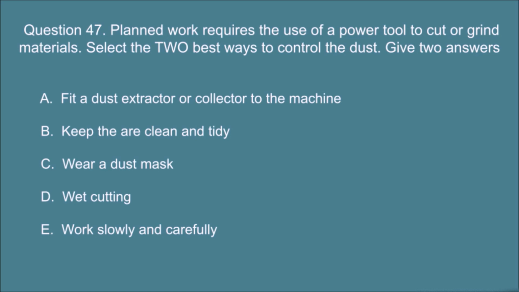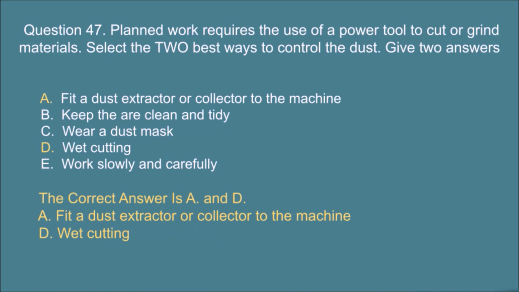C. Wear a dust mask. D. Wet cutting. E. Work slowly and carefully. The correct answer is A and D. A. Fit a dust extractor or collector to the machine. D. Wet cutting.